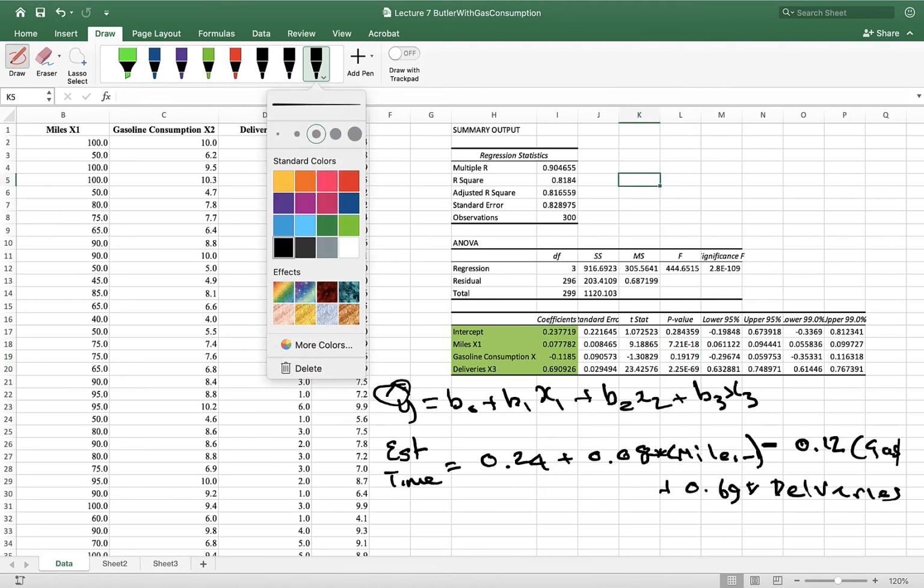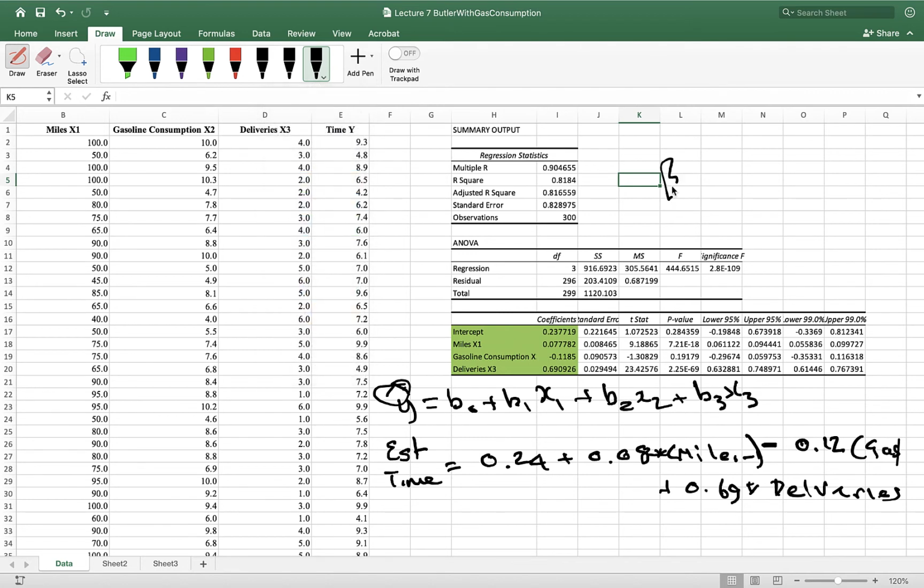We said that if beta 1, or beta i generally, is equal to 0, that means there's no linear relationship, and that occurs when alpha is less than the p-value. And if the slope or the coefficient does not equal 0, that means there is a linear relationship, and that occurs when alpha is greater than or equal to p.